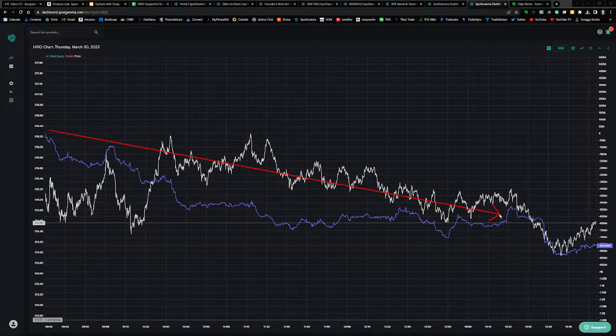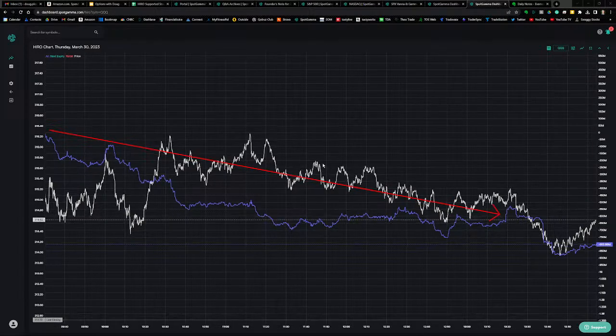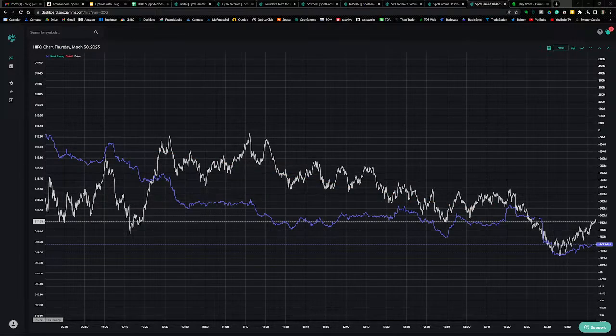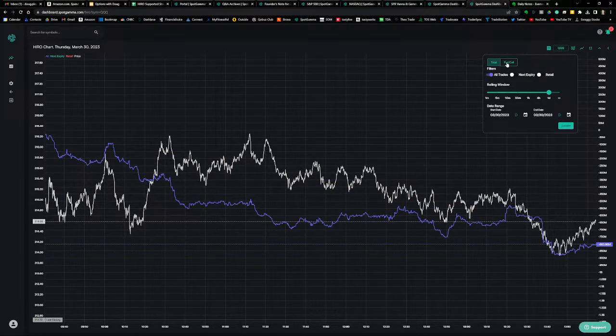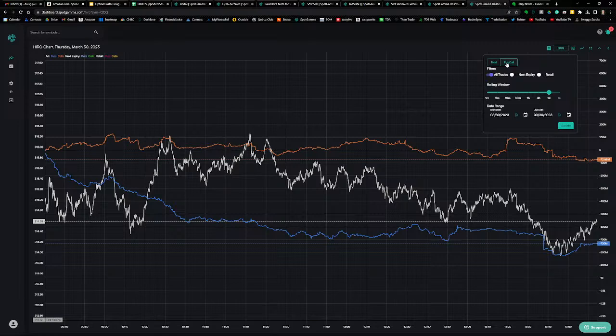Options traders were fading this move higher. And let's see what they were doing with puts and calls. And this is pretty typical of the indices.